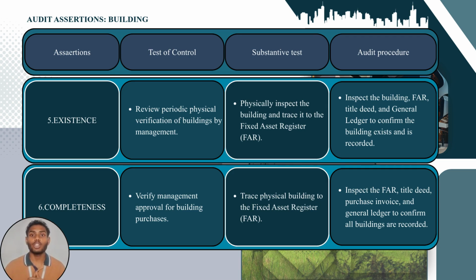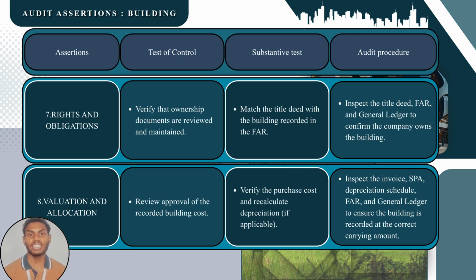And finally, for the audit procedure, the auditor will inspect the fixed asset register, title deed and purchase invoice, and general ledger to confirm all buildings are recorded completely, like each and every piece of information is recorded without anything being left out.